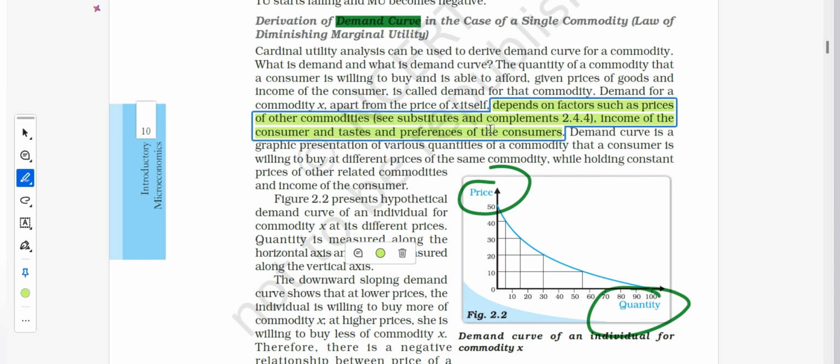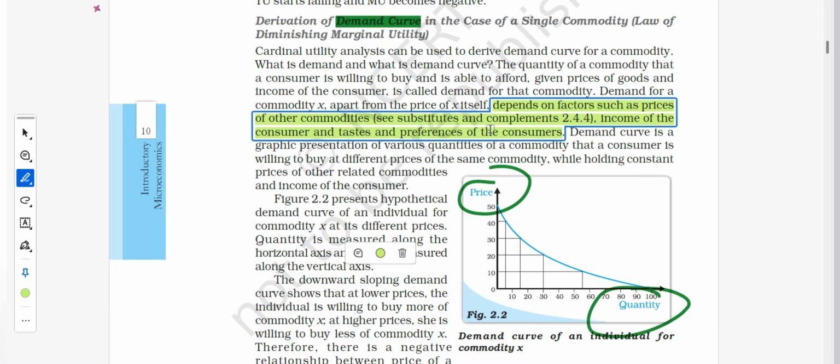Nobody is going to purchase the ink if they don't have their pen, right? So the cartridge's demand is actually proportionate to the demand of the pen itself. So this is the complementary relationship of the goods, right?